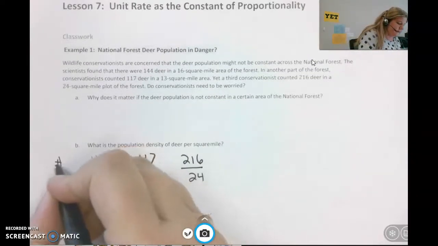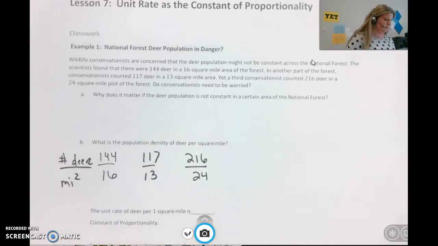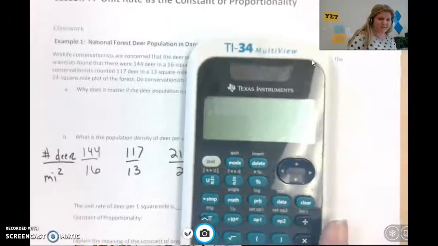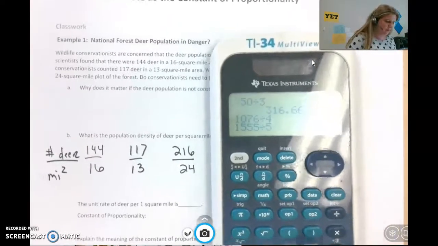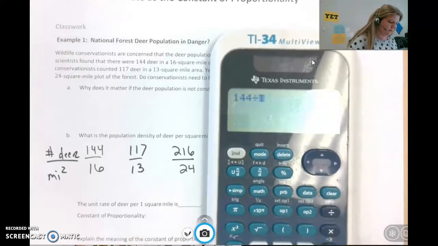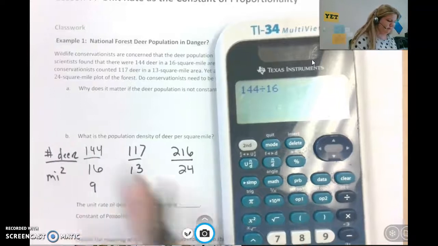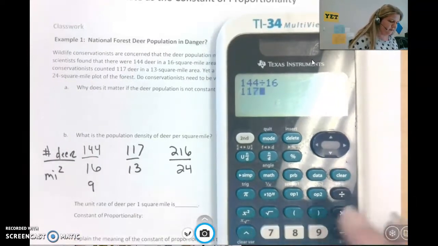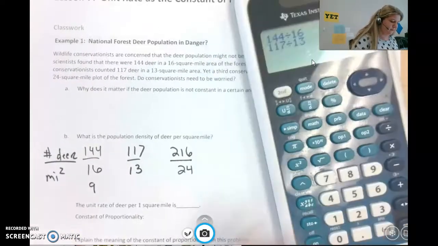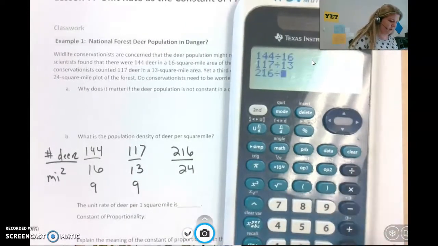So we have the number of deer divided by the square miles, and let's see if it is consistent before we get too worried here. So 144 divided by 16, there are 9 deer per square mile for the first area. For the second area, there are 9 deer per square mile. So maybe we have nothing to worry about after all.